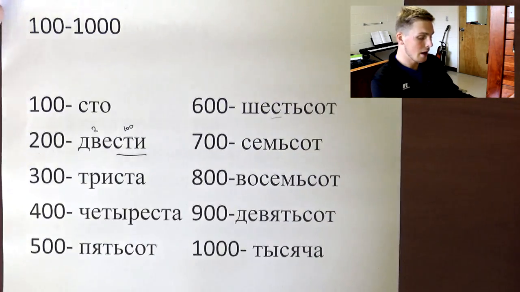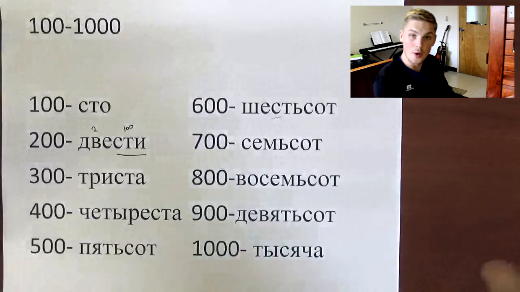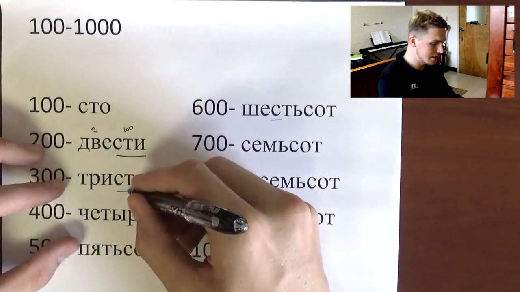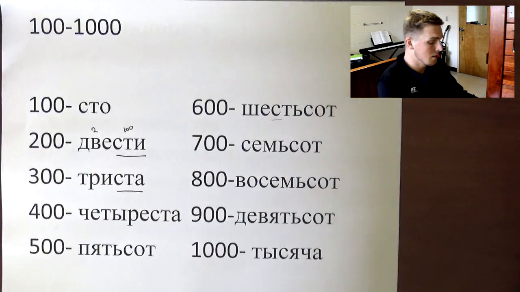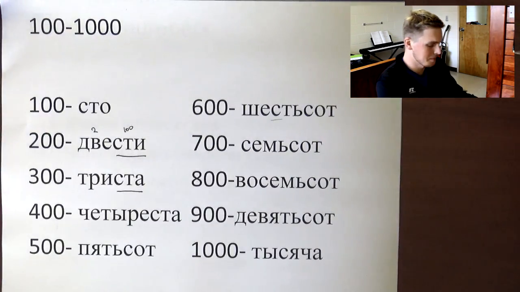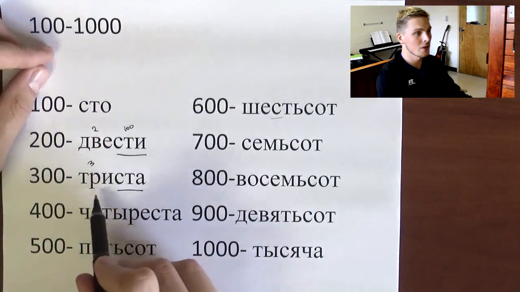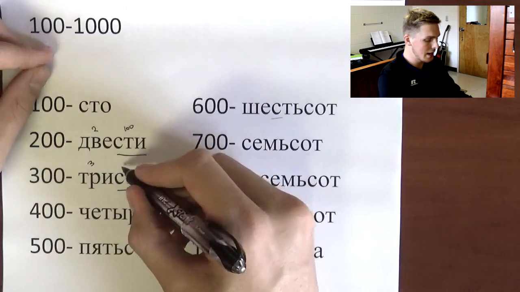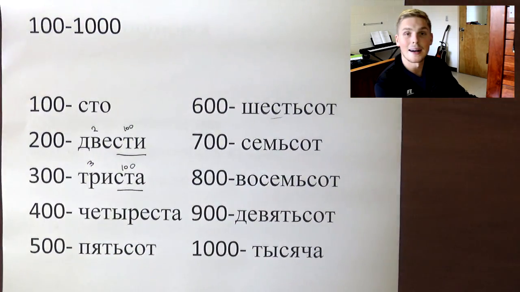And then the part that represents 100 in number 300 is going to be different. This time it's going to be sta instead of sti. So 3 is 3, and then sta is 100 again. So it's 300.